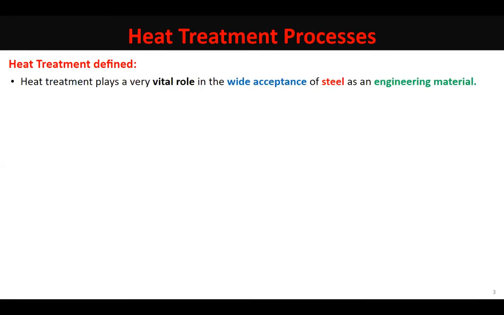So heat treatment plays a very important, an indispensable role in the wide acceptance of steel as an engineering material. There are very few materials which, like steel, can give good response to virtually all types of heat treatment processes that are available. How is it defined?